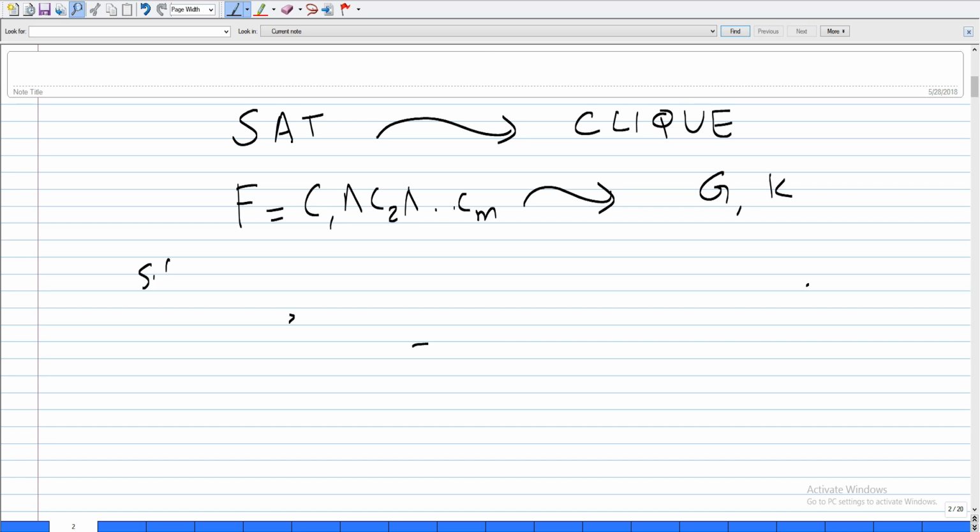Yes should go to yes, no should go to no. That's the property I want. Can you translate that? Exactly. F is satisfiable if and only if G has a clique of size k.